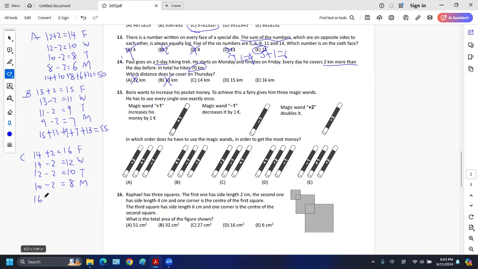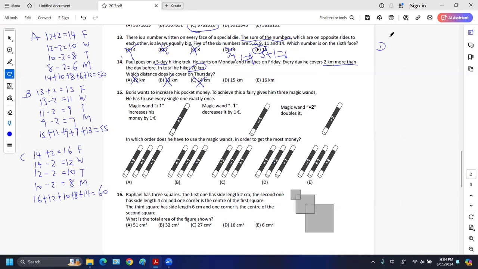So now it is 16 plus 14 plus 12 plus 10 plus 8. That would be 60, which is wrong because it has to be 70.